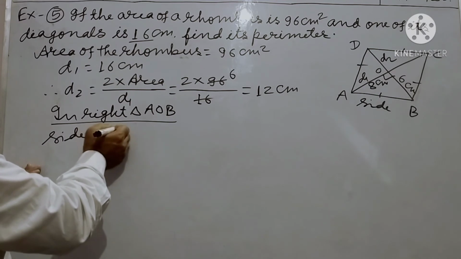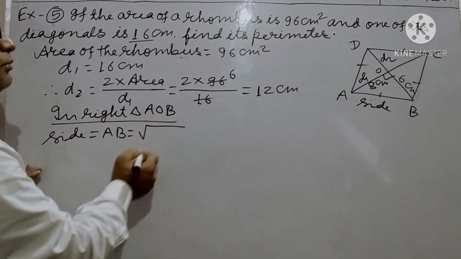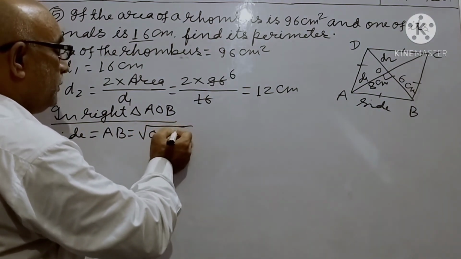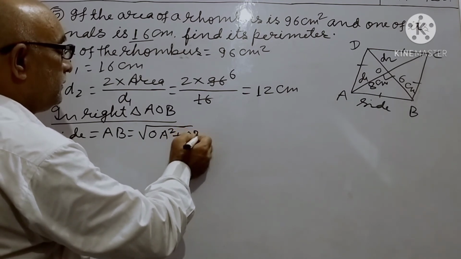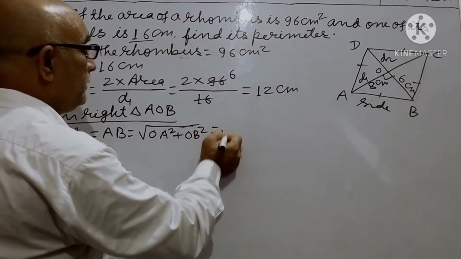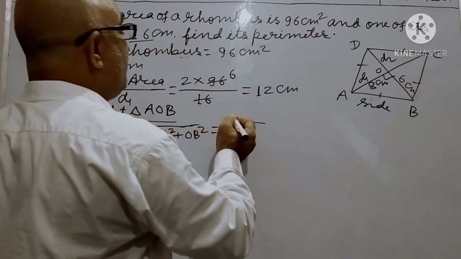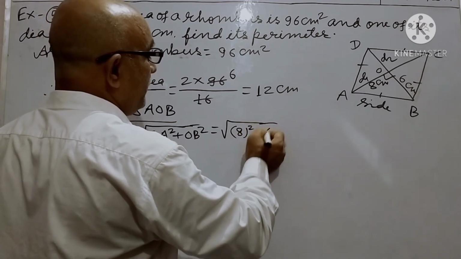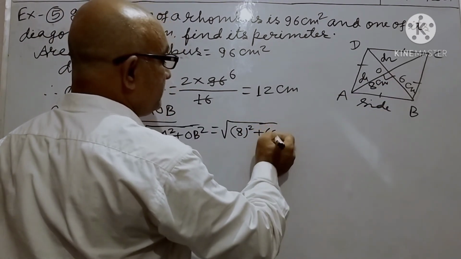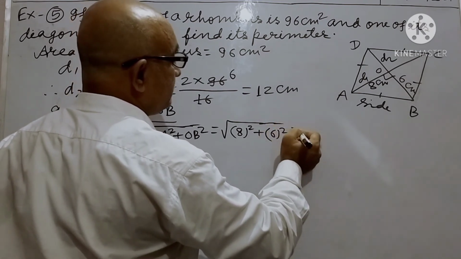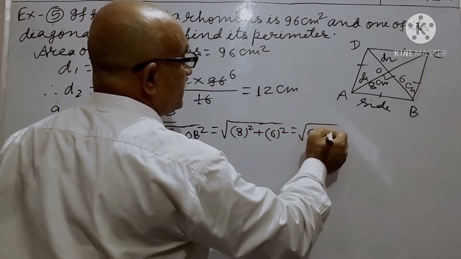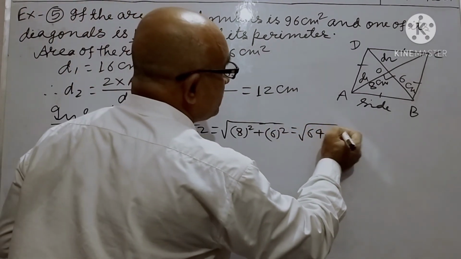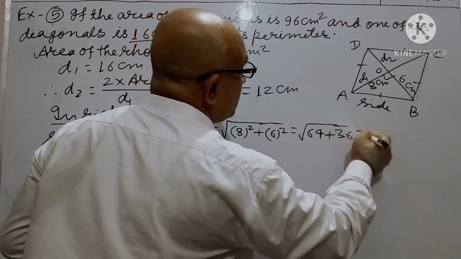side AB equal to under root OA square plus OB square, equal to 8 square plus 6 square. 8 square is 64 and 6 square is 36, equal to 100.